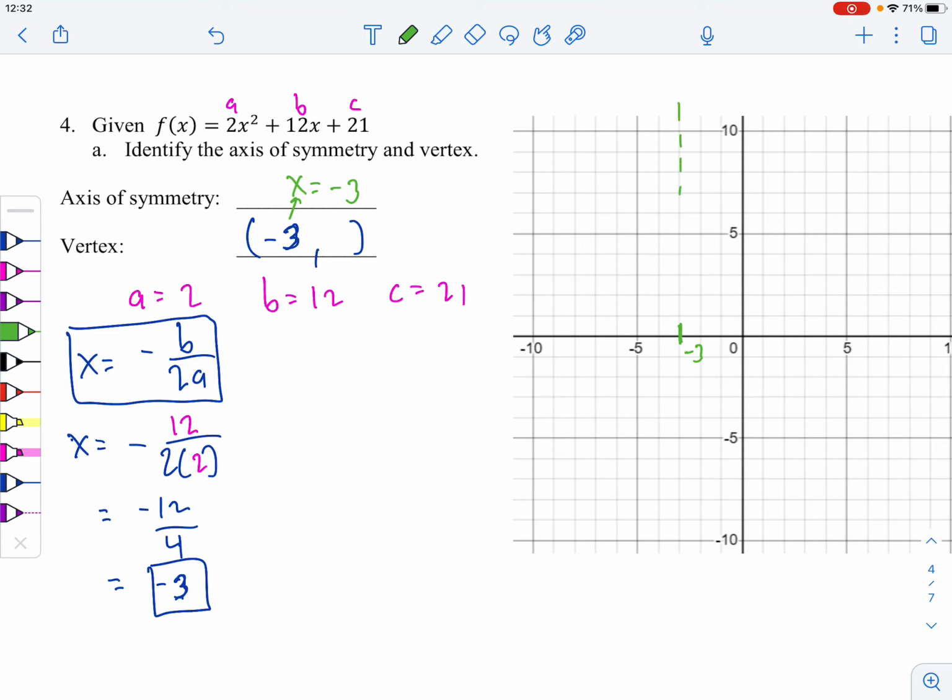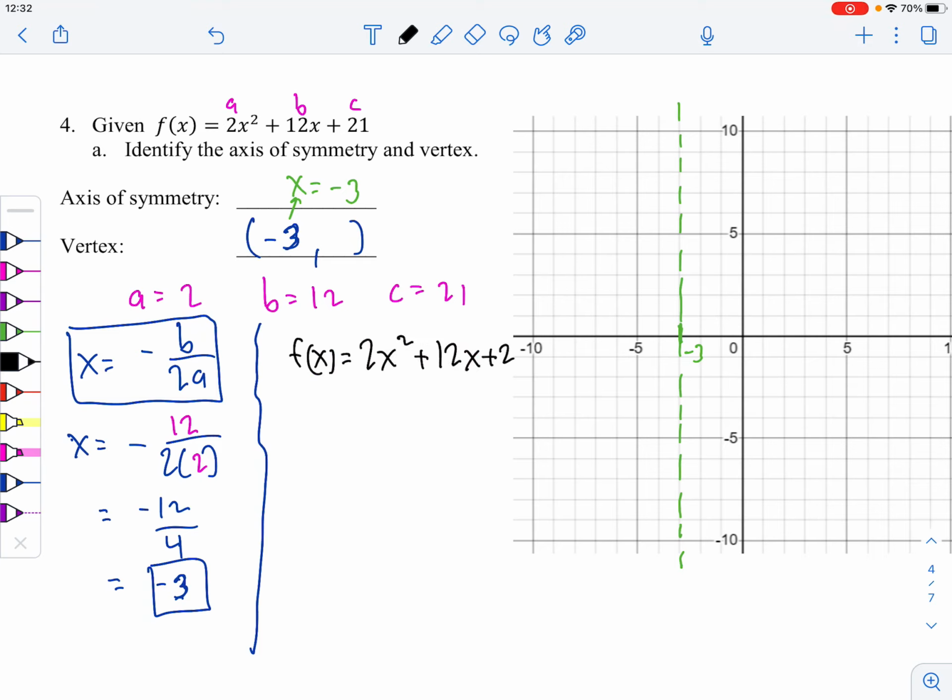So here's negative 3 on our graph. That's our axis of symmetry right there. Okay, so we know that. Then the next part, we substitute into our original equation, 2x squared plus 12x plus 21. So f of negative 3 now.